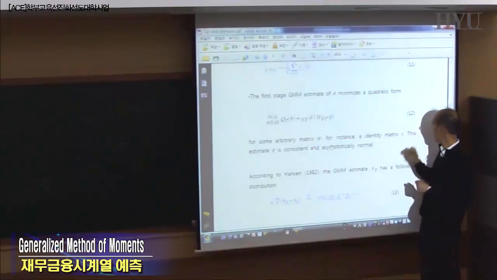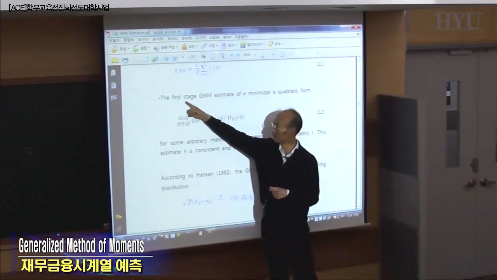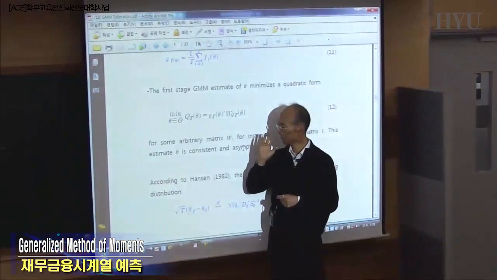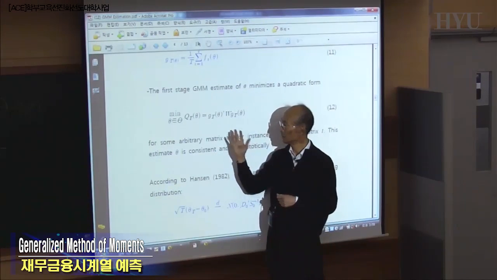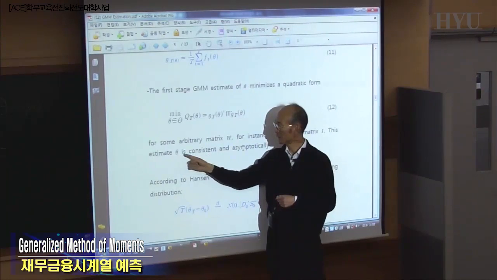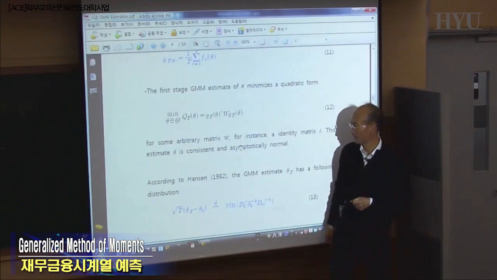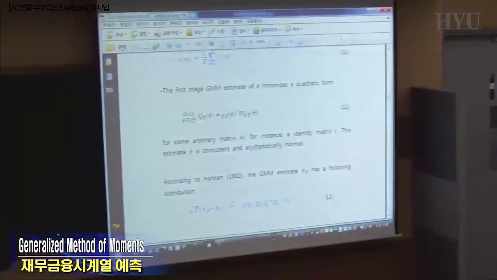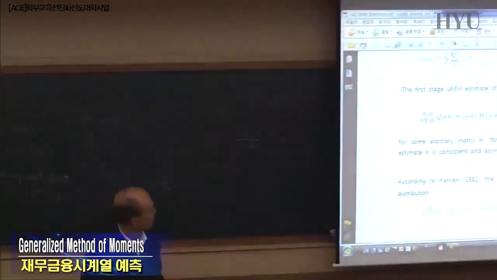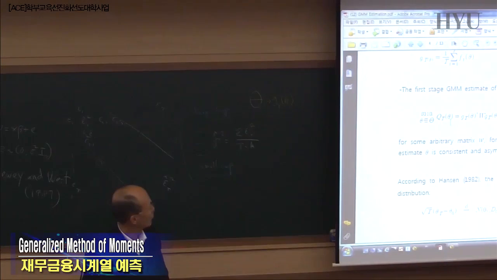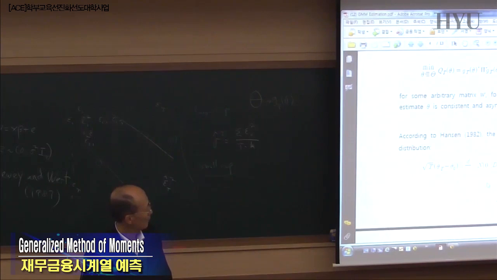Then it is known that theta from this single one-time minimization problem is consistent and asymptotically normal. Then, according to Hansen, 1982, this is how to calculate the covariance of the GMM estimate theta, using finite sample T, this way.